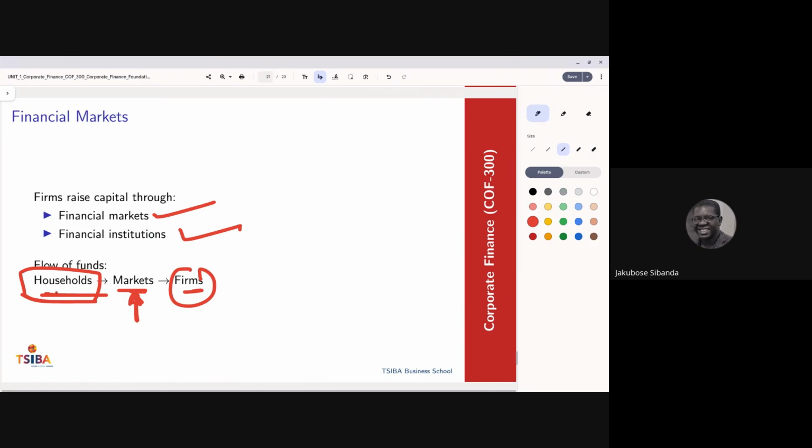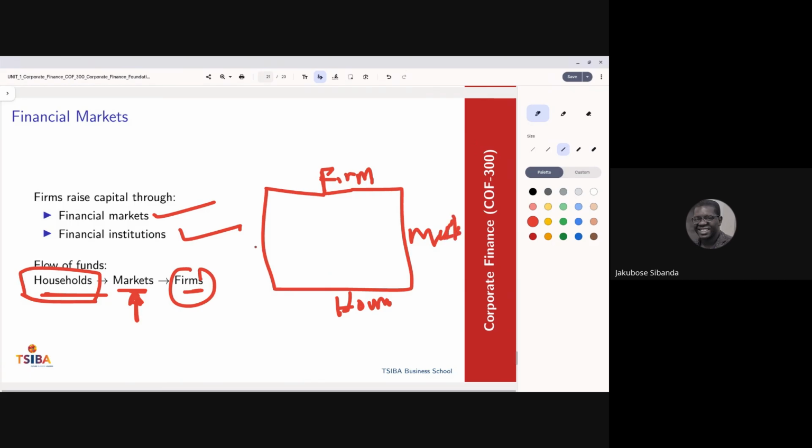So it just becomes more like a circular thing where the firm is here, then here you've got your household, then here you've got the market, and on the side here you've got the factor market.